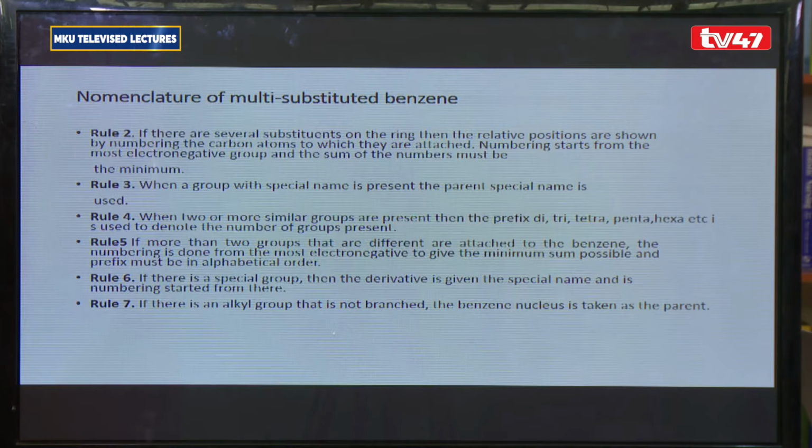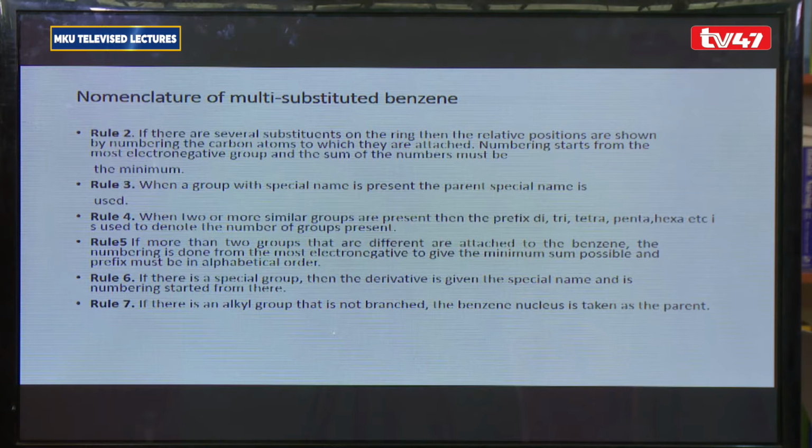Rule number 3: when a group has a special name, then we use the special name as the parent name. If, for example, we have methyl benzene and another substituent, then we are saying that methyl benzene is toluene. Then we use the name toluene instead of methyl benzene as a parent name.